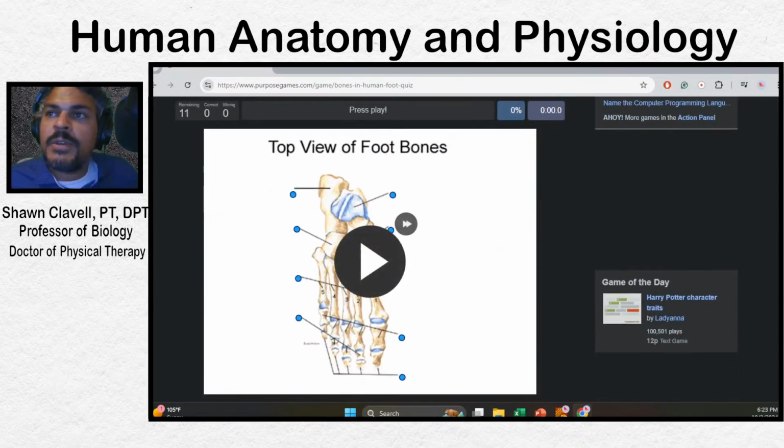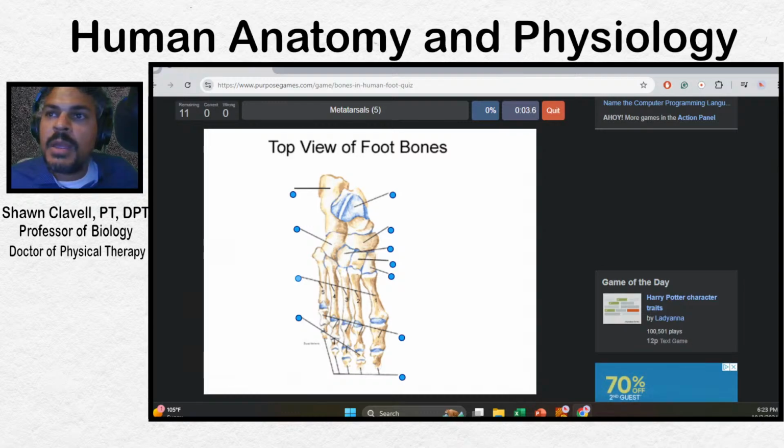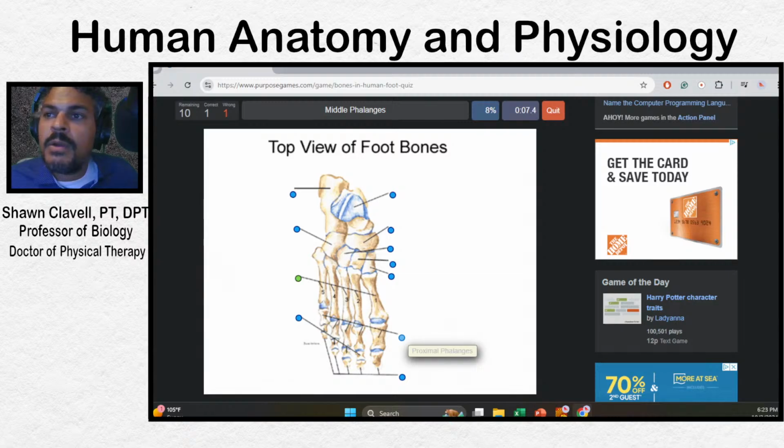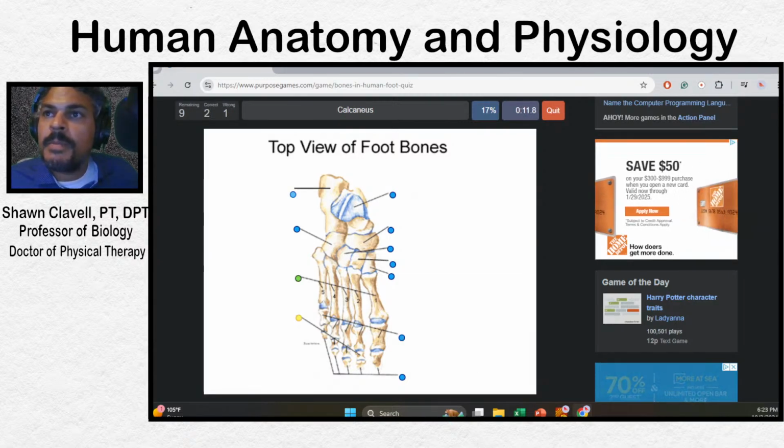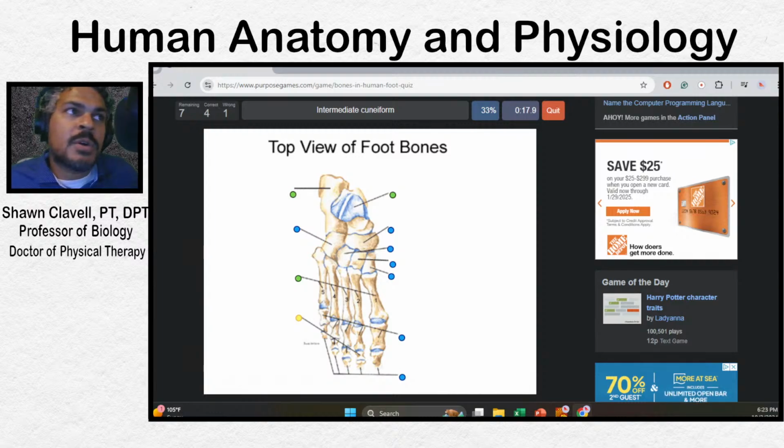Yeah, we'll play flip. So your metatarsals sit right here. Your middle phalanges sit right there. No? Proximal phalanges, sorry. Your calcaneus. Your talus. So your cuneiforms are the, oh, you can't really see my highlighted bones here, but your cuneiforms are the 3 bones that sit in the middle of the foot, just proximal to the metatarsals here.